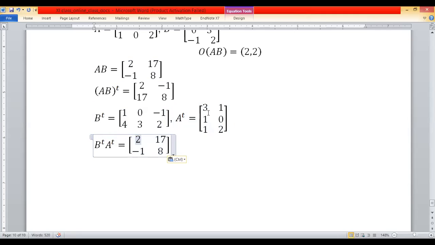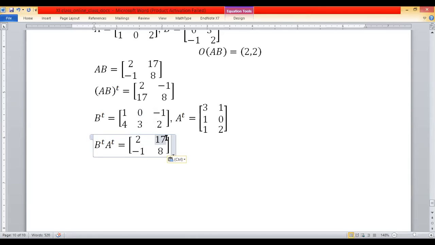So 1 multiplied by 3 is 3, and 0 multiplied by 1 is 0, minus 1 times 2 is minus 2, so 3 minus 1 is 2, and you can say 1 times 1 is 1, 0 times 0 is 0, minus 2 times 1 is minus 2.